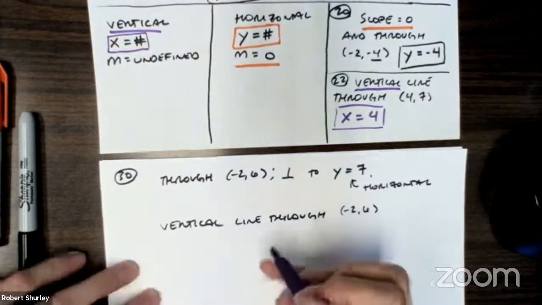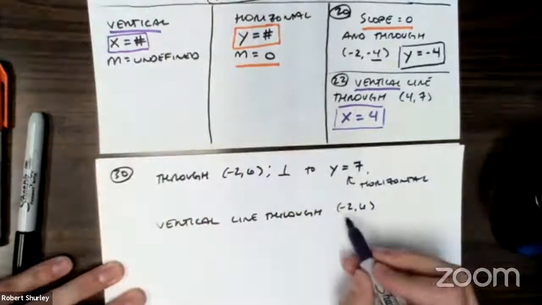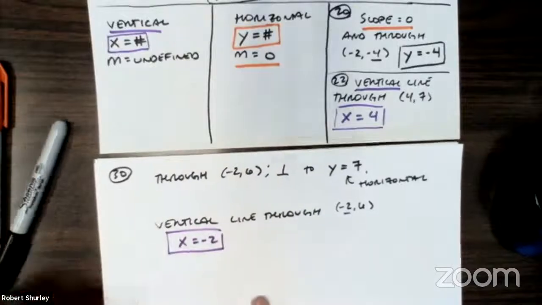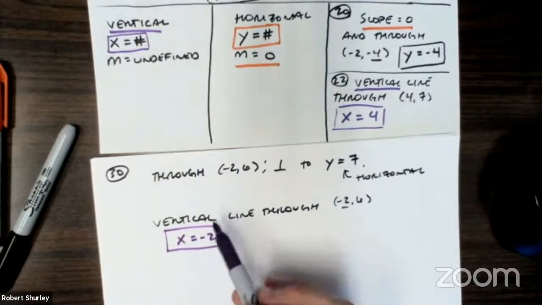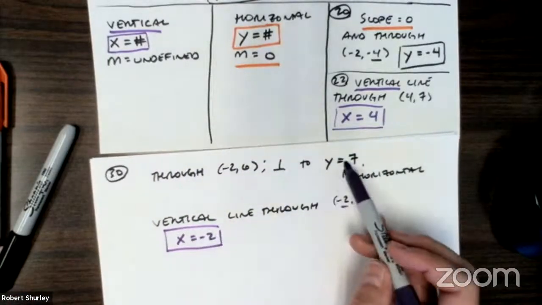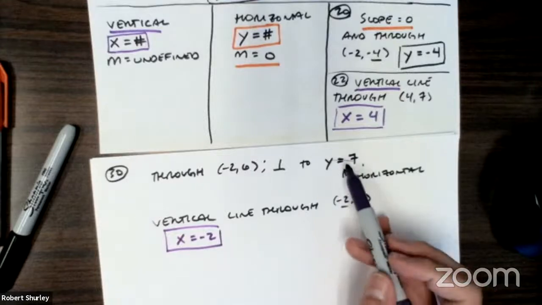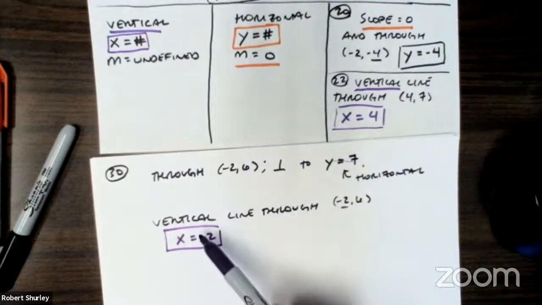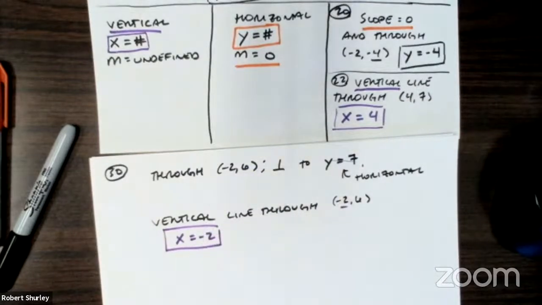If we've got a vertical line, that's just x equals a number, and our x value is negative 2. We're done. That's it. It's perpendicular to y equals 7, so it's vertical, and it goes through negative 2, 6.